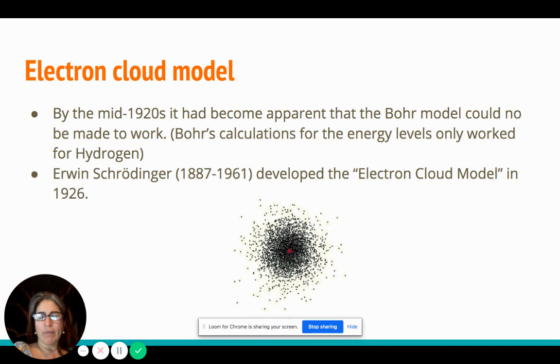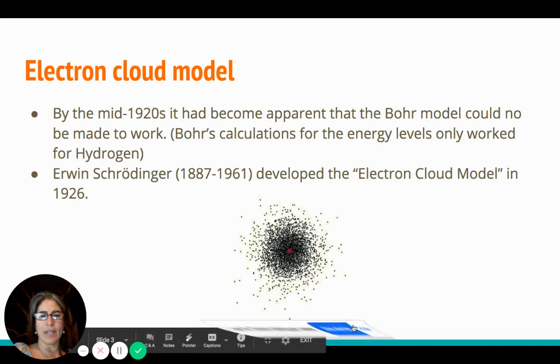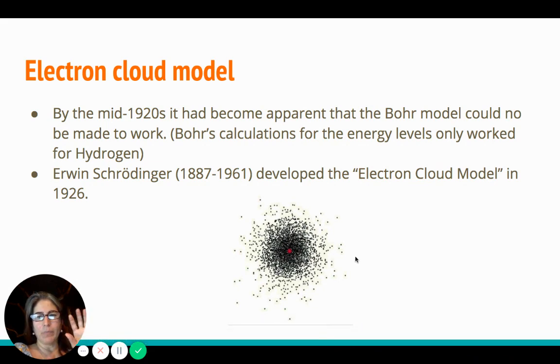One of the best modifications was the one made by Erwin Schrödinger. He developed the electron cloud model. Imagine that you're taking multiple photos of the electron of hydrogen moving around the nucleus, and then you overlap all these photos, and this is what you will see.